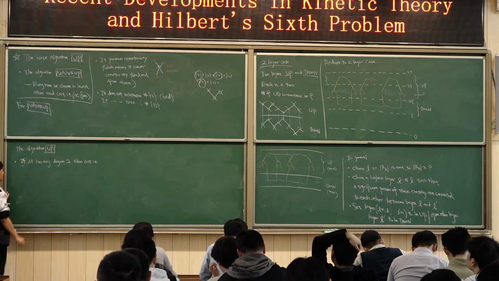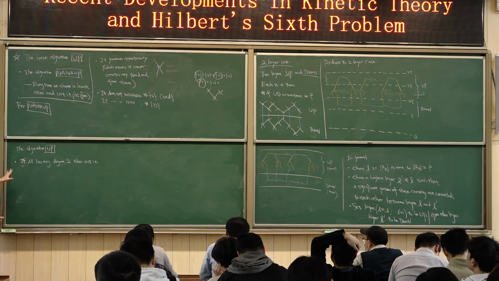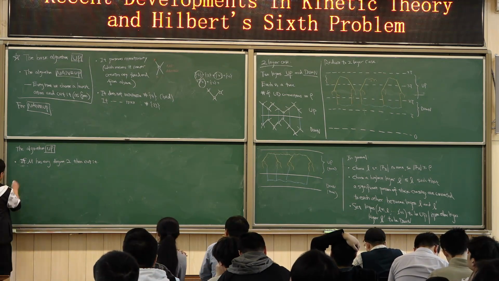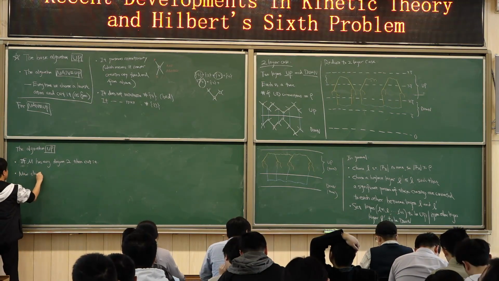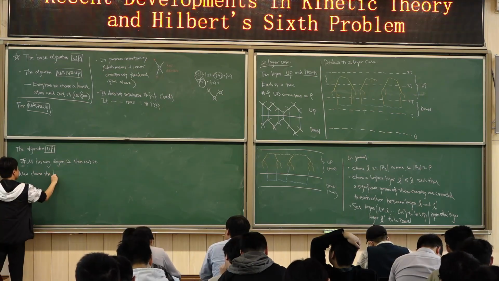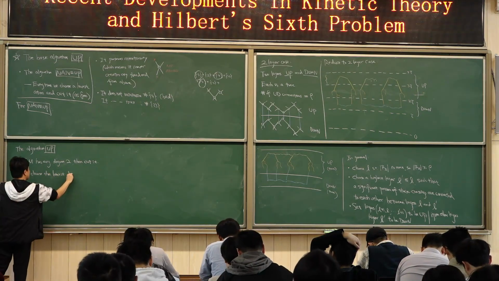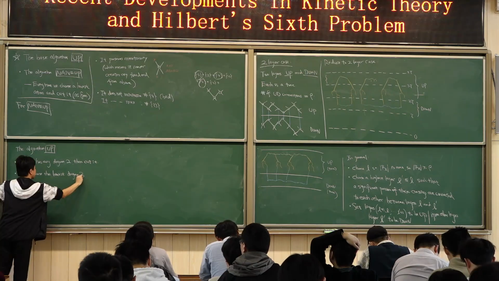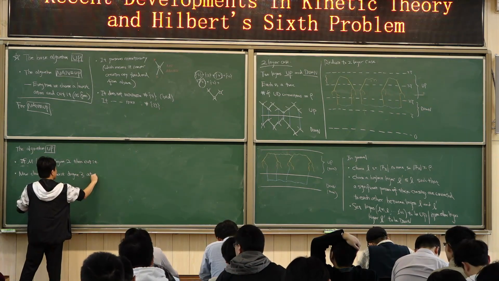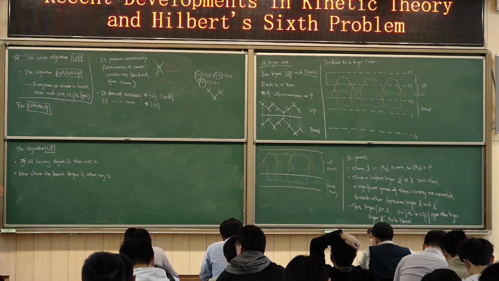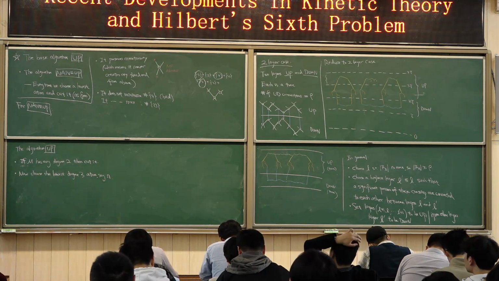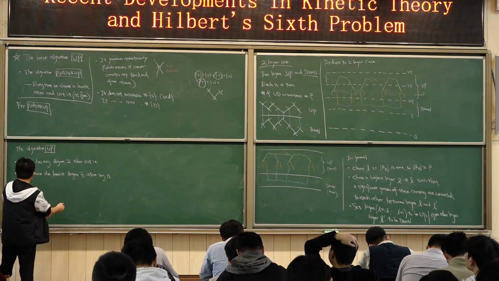Now the real thing, where we do have a choice, is when there are only degree 3 and degree 4. Okay? So now choose the lowest degree 3 atom, say n. This n is the lowest among degree 3. It may not be the lowest in the whole molecule, but it's lowest among degree 3.